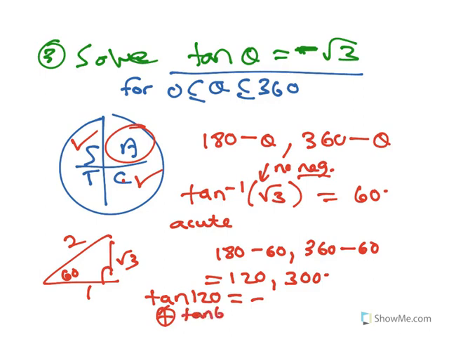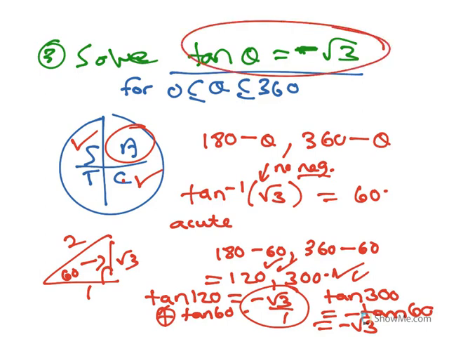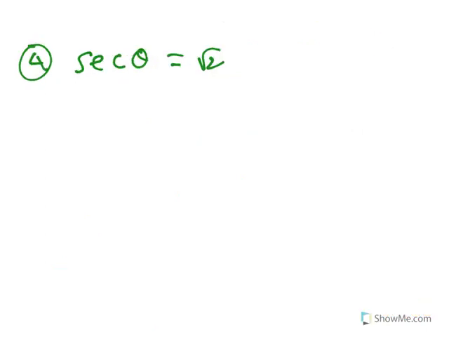And it's the same as tan 60, which is negative root 3 on 1. Even if you put tan 120, square it, and then square root it, you'll get minus root 3. And if you went tan 300, it will be negative tan 60, which is negative root 3, because it's in the fourth quadrant. So those two angles work, and they are solutions to this equation.